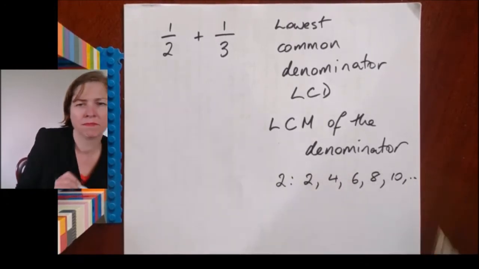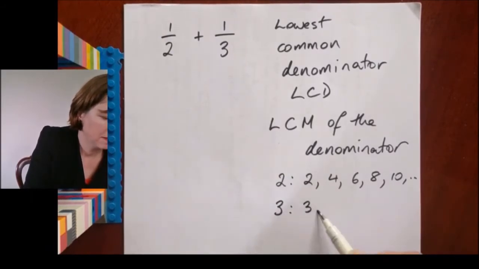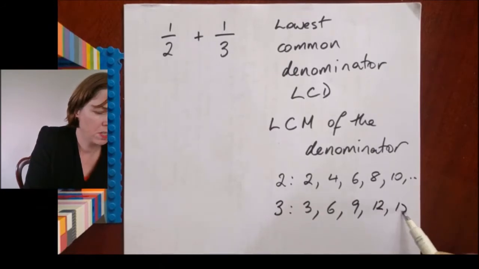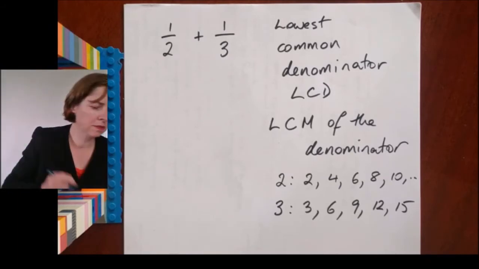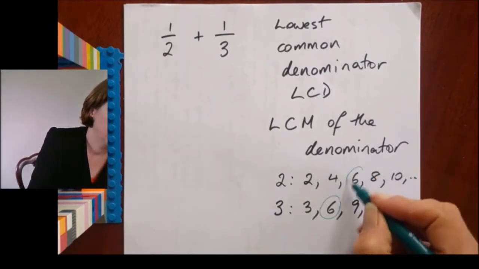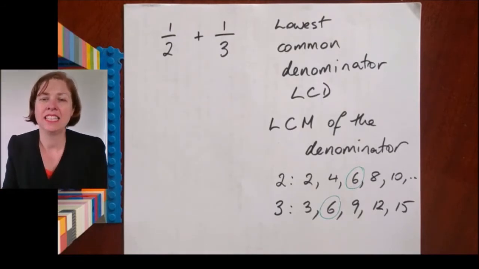I could keep going. My multiples of 3 are 3, 6, 9, 12, 15. Okay, I've found some numbers that are in common. I've got a 6 here and a 6 here. So my lowest common multiple is 6.